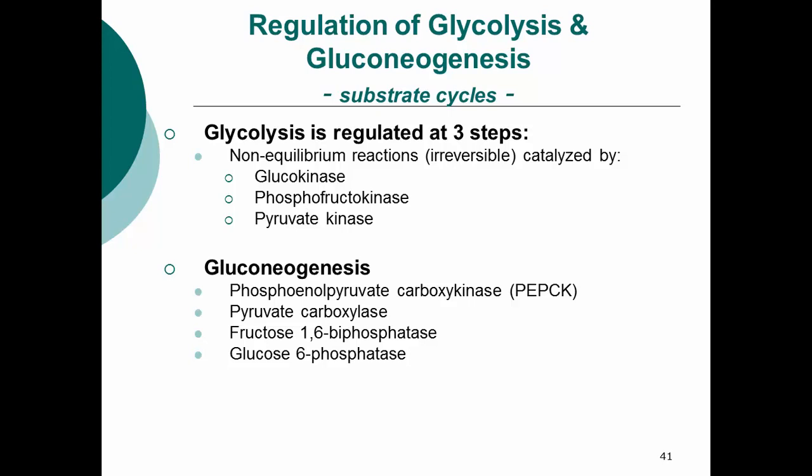Again, I mentioned why the key enzymes are so important: they are the targets of hormonal regulation. Once we control these key enzyme activities, then we can control the whole pathway activity, right?